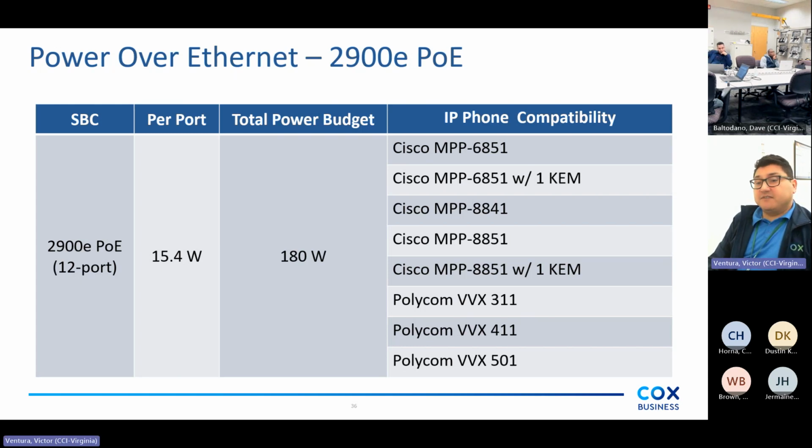Here we have a list of the different phone models that are compatible: the 6851, the 8841, and the Polycom 300, 400, and 500 series. They are all compatible with the total budget that the 2900 PoE Edgemarc can supply. Our switches are also compatible with our phones.